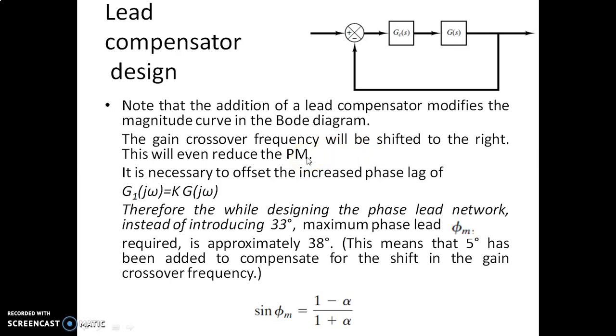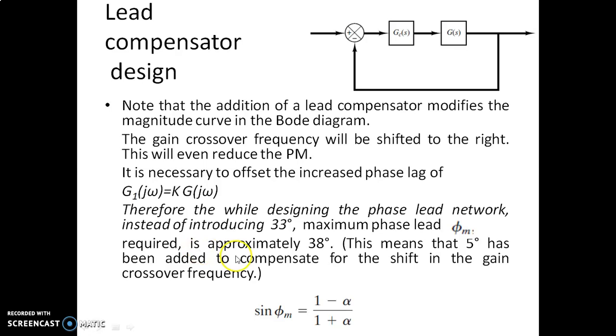Since the phase margin is reduced due to the introduction of this compensation network, we are not supposed to compensate only 33 degrees, which was supposed to take the 17 to 50. So let us introduce another extra 5 degrees for compensating the movement of the gain crossover frequency because of the introduction of this Gc.